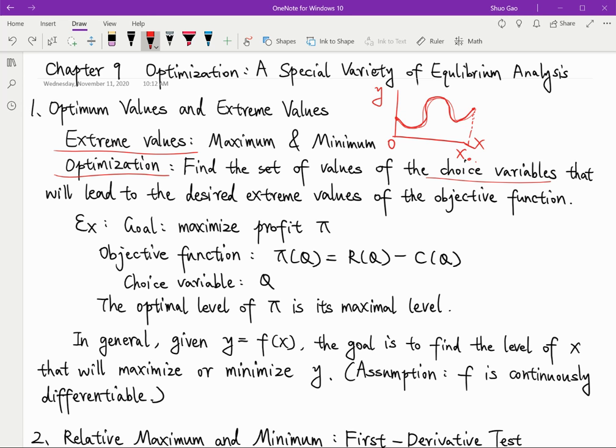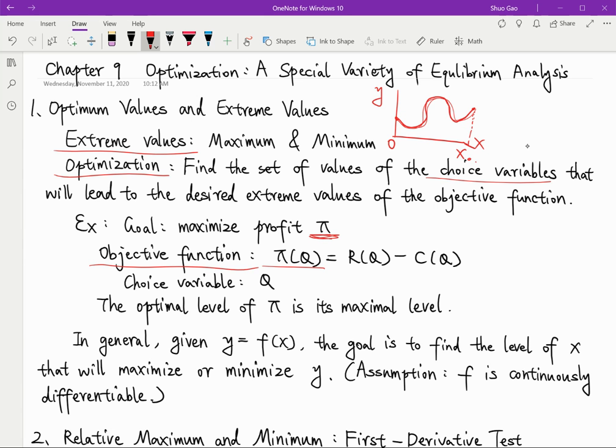For example, suppose our goal here is to maximize the profit of our company, and we use pi to denote that profit. We have an objective function defined for pi, which is pi equals r minus c, where r is the revenue and c is the cost.